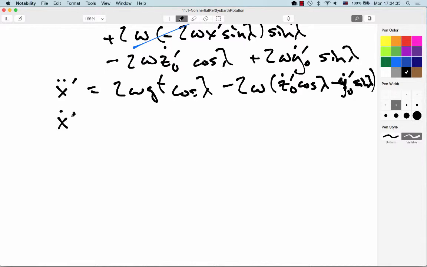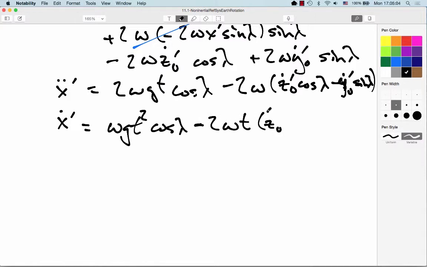So first time x prime is going to be, well, t squared, bring down a half, cancels that 2. So you're going to get omega gt squared cos lambda. And then this stuff is all constant, so you're going to pick up what you had before. So minus 2 omega t times that stuff in the parentheses.